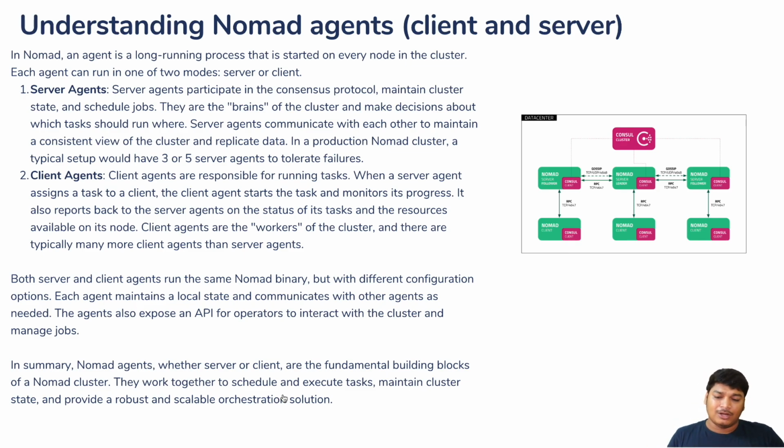So in summary, Nomad agents, whether server or client, are the fundamental building blocks of the Nomad cluster, and they work together to schedule and execute tasks, maintain cluster state, and provide robust and scalable orchestration. And if you can't visualize it for now, it's okay, because the moment we work with the AWS cluster, I mean, we work with the virtual machines and how to configure and all that, we connect, then it will start making sense. But just for today, try to visualize this, try to understand the basic stuff.